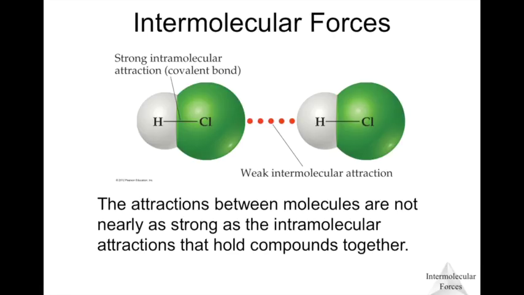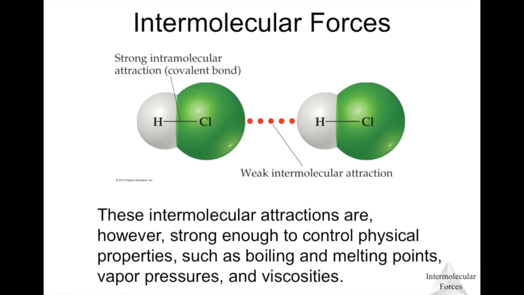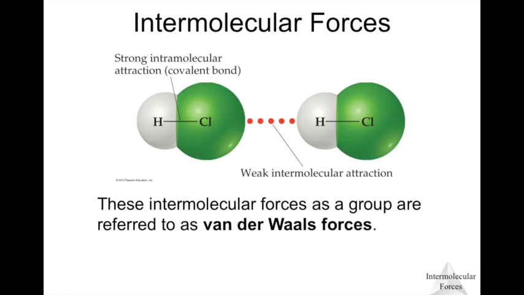So the intermolecular attractions are not nearly as strong as the intramolecular attractions. This would be something like 400 kilojoules to break that bond versus 14 kilojoules to break this bond. So this is a much, much greater attraction, but this is a strong enough attraction that it can control the physical properties of a substance, like its boiling and melting point, its vapor pressure, viscosity, things like that.